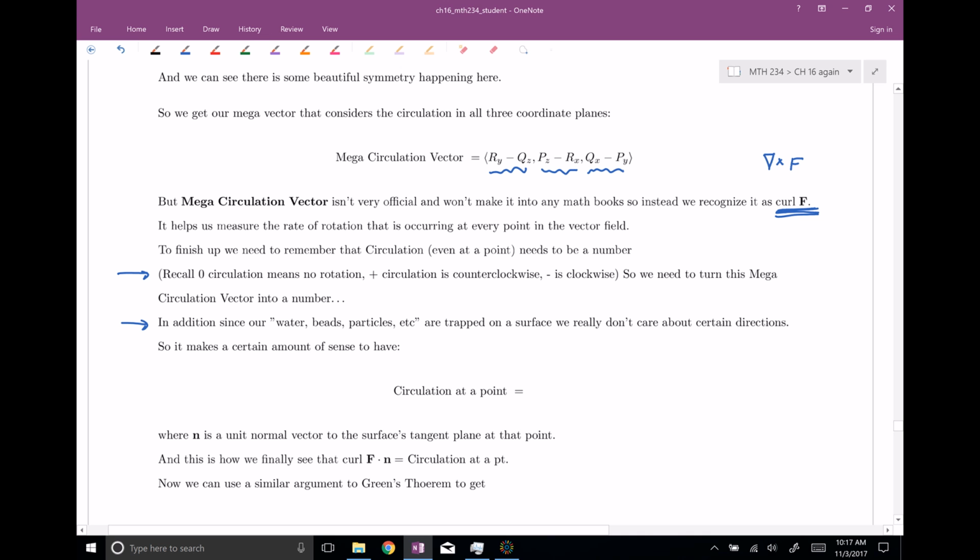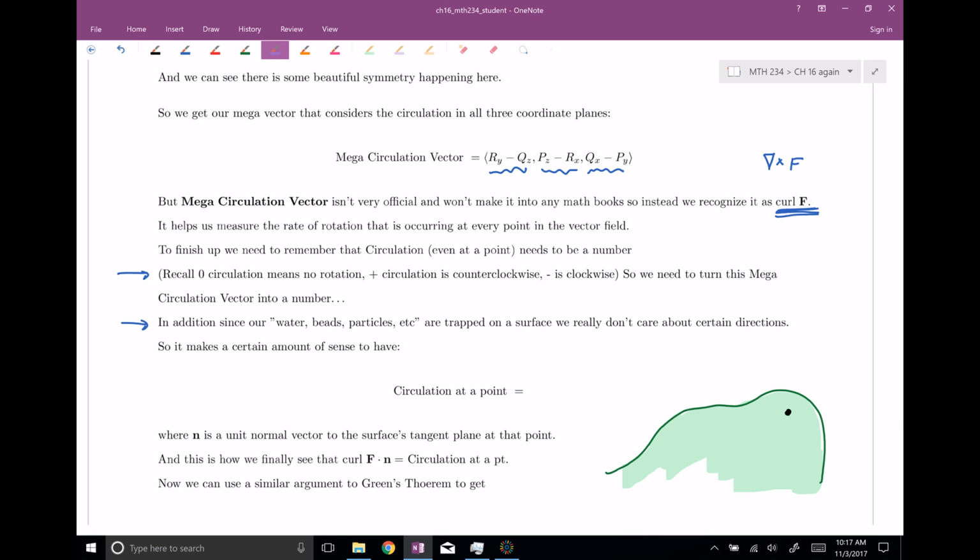So for instance, if I go ahead and draw maybe a nice surface over here, something like this. So here's my nice surface. And the claim is, if I want to know how the circulation is happening at this point right here, I don't care at all about the normal direction.